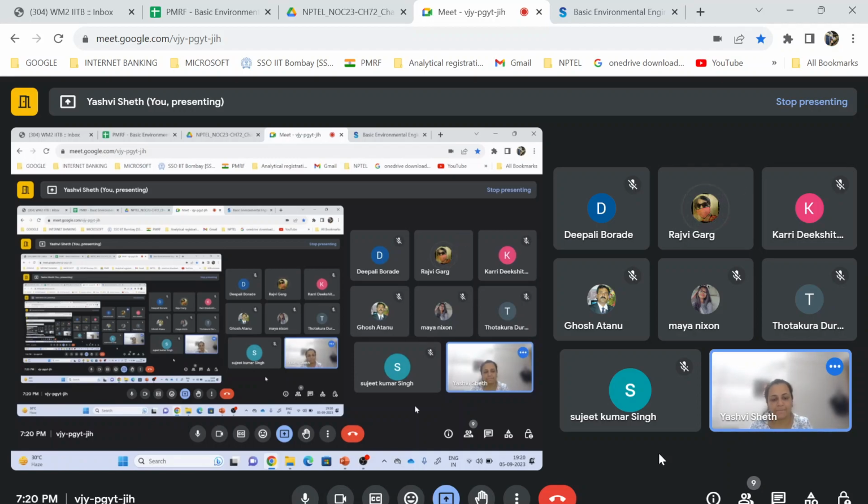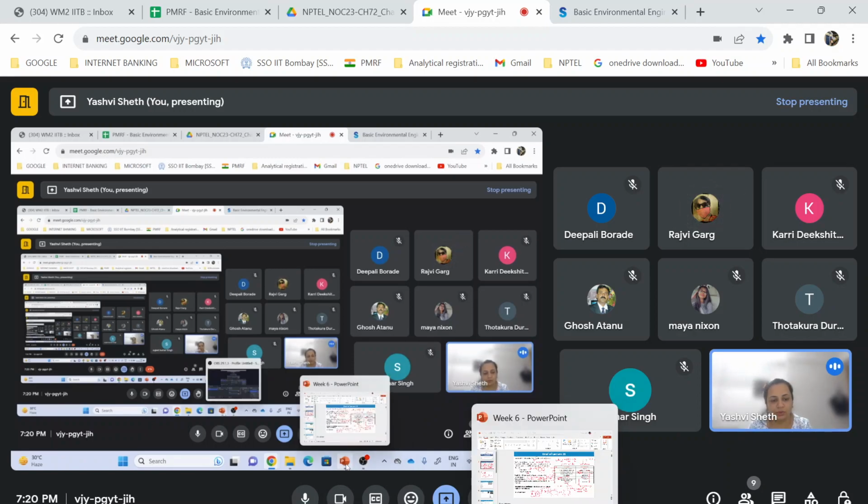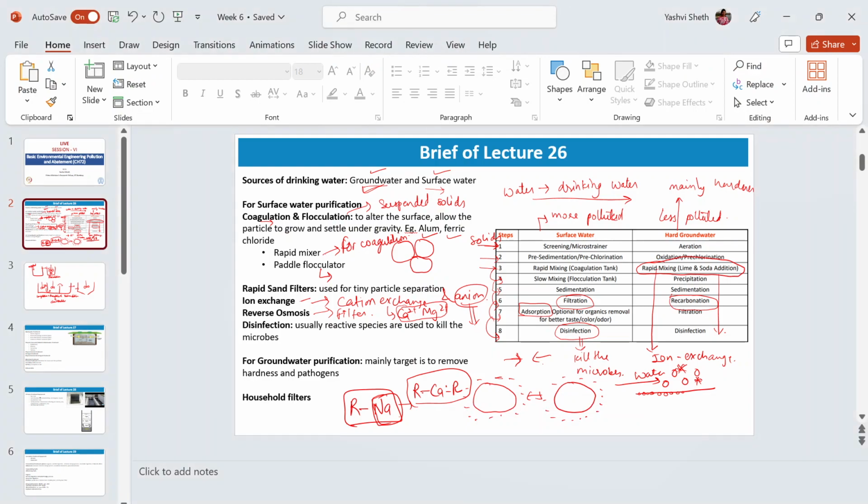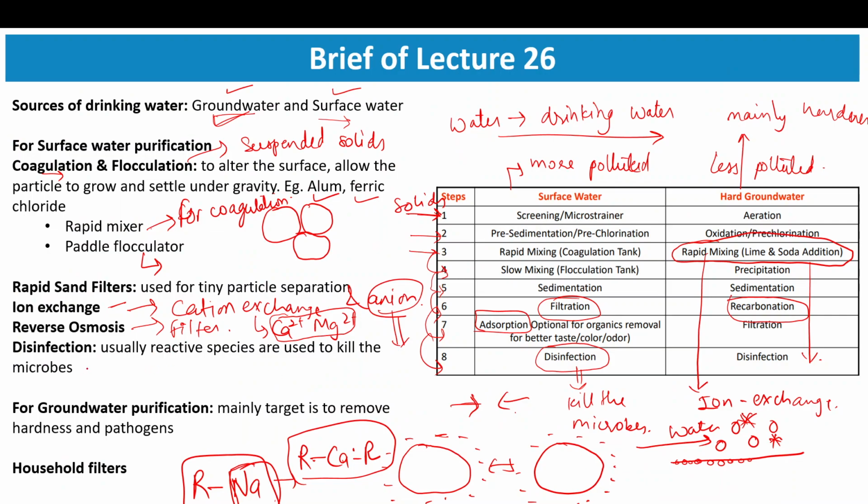Okay. So next is disinfection. Disinfection is nothing but removing or killing all the microbes present in the form of bacteria, fungi, or virus.